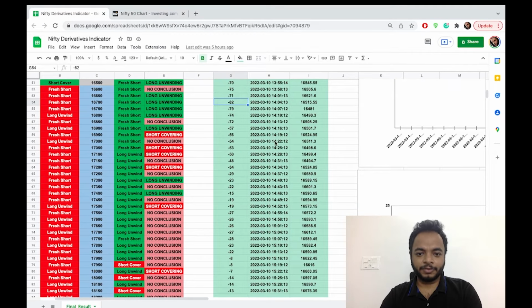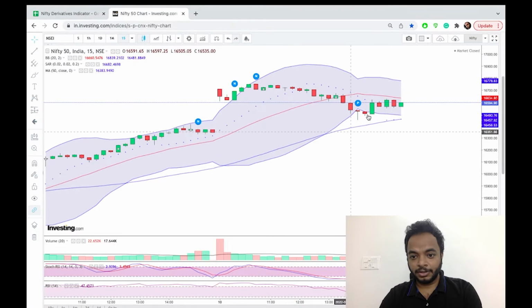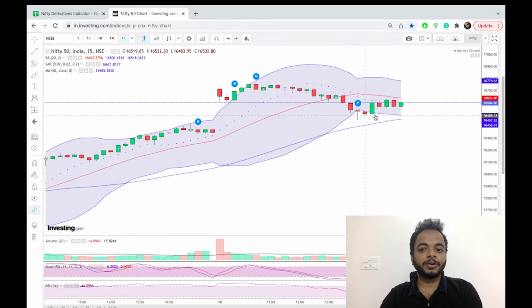Before that, this option chain indicator score was increasing, from negative 82 all the way up to negative 50. The time was 14:28 and still the green candle had not come up. The market was going down, but the scores were increasing. That was an indication that the market could reverse again, the sign of a reversal.